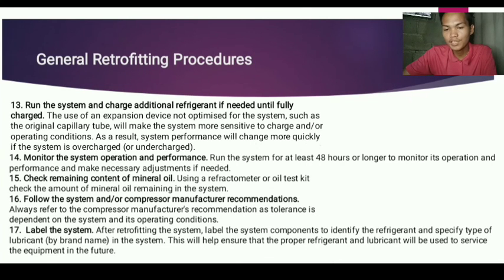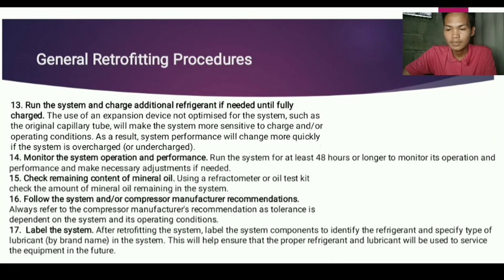Using a refractometer or oil test kit, check the amount of mineral oil remaining in the system. Number 16, follow the system and or compressor manufacturer recommendations. Always refer to the compressor manufacturer's recommendation as tolerance is dependent on the system and its operating conditions.